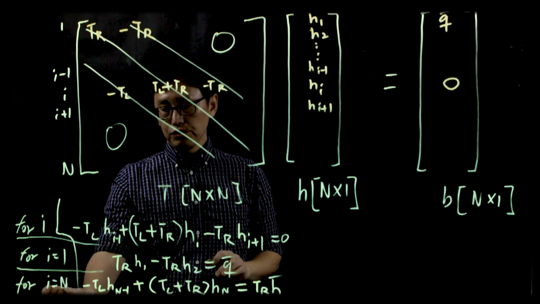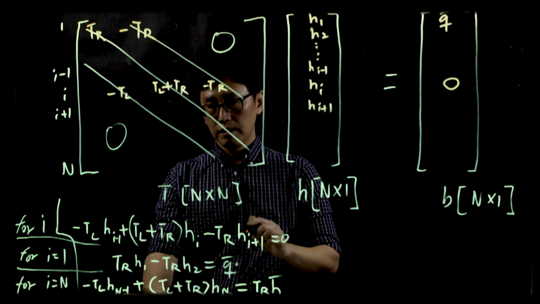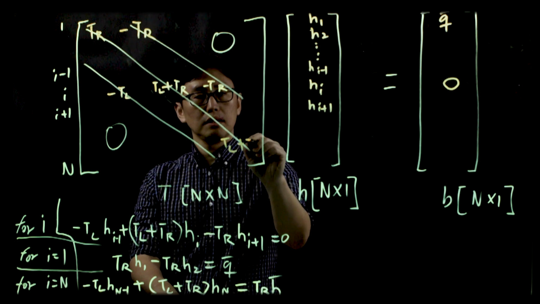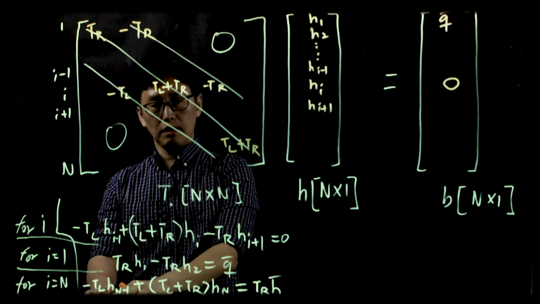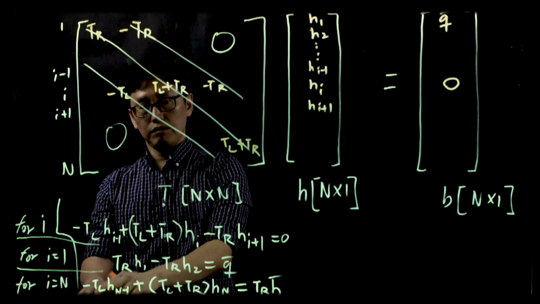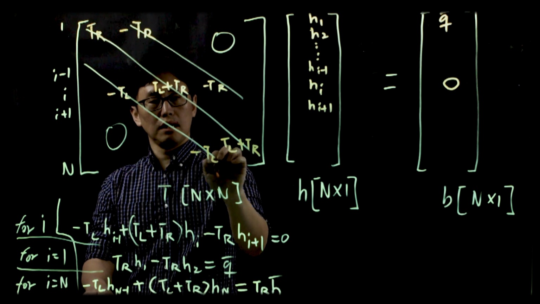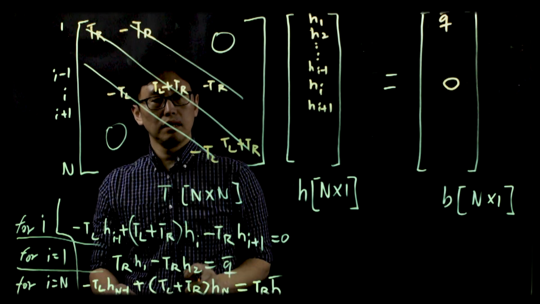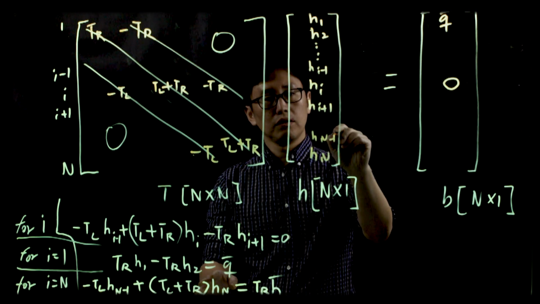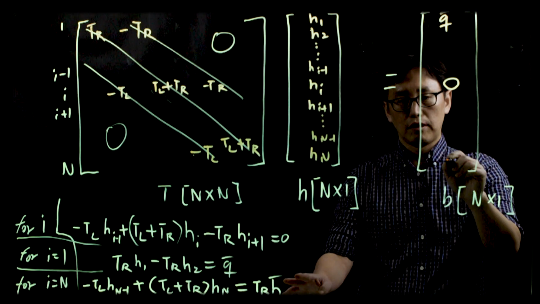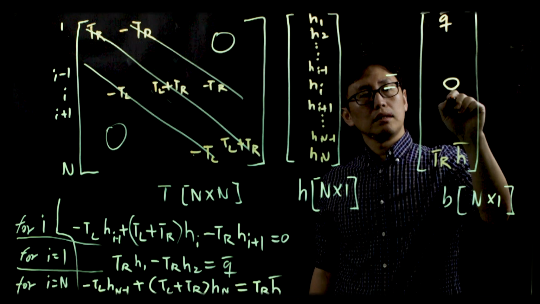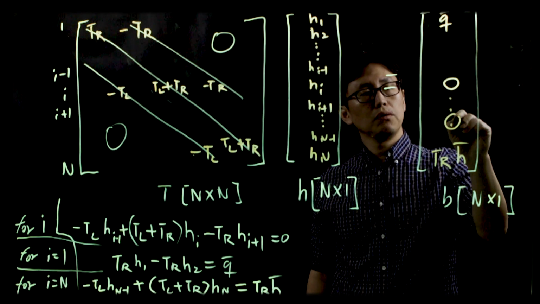And let's move on to the last cell. Here we have this diagonal term, TL plus TR. And here we have one off-diagonal to the leftward, which is minus TL, right? And we have H n minus 1. And the right-hand side element would be TR h bar. And the other terms are all 0, right?